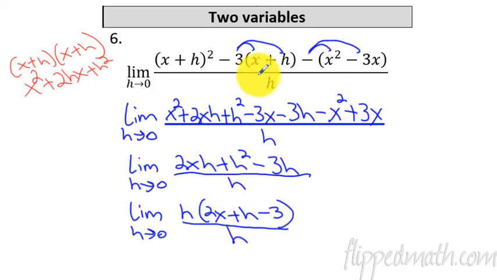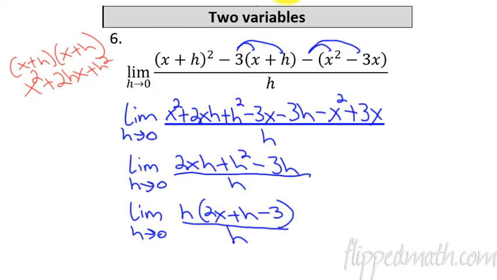When we factor out an h from all of those, then you can see that h and that h will cancel. Now we use direct substitution, plug in 0 for the h, and your final answer is 2x minus 3. That is our answer for this one.